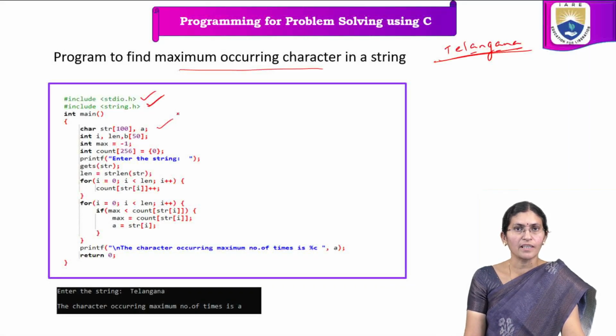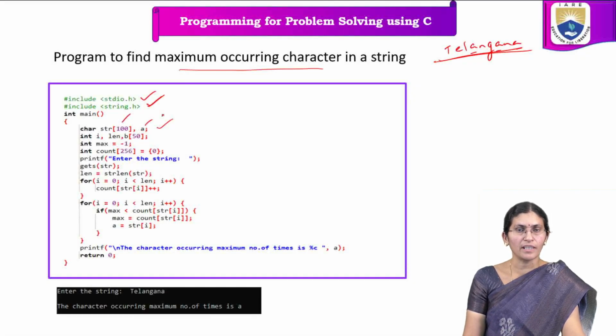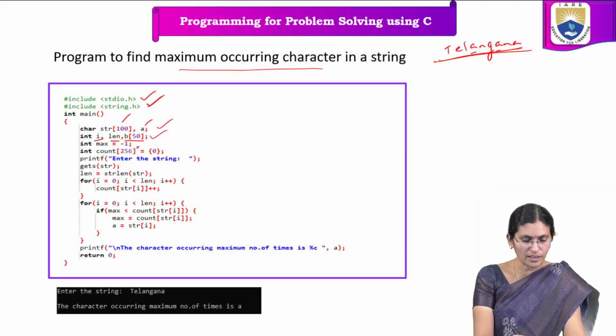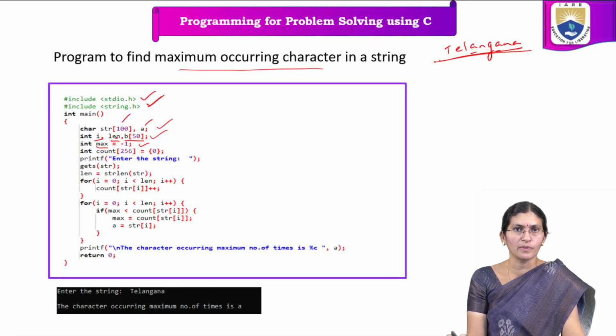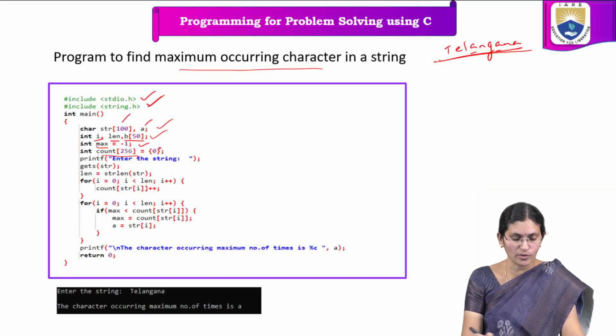We have defined a character array of length 100, one more variable of type character, and integer variables I and len. Then we declared one integer variable max, assigned the value -1. One more is the integer array count, of size 256, initialized to 0, that means all the elements are initialized to 0 here.